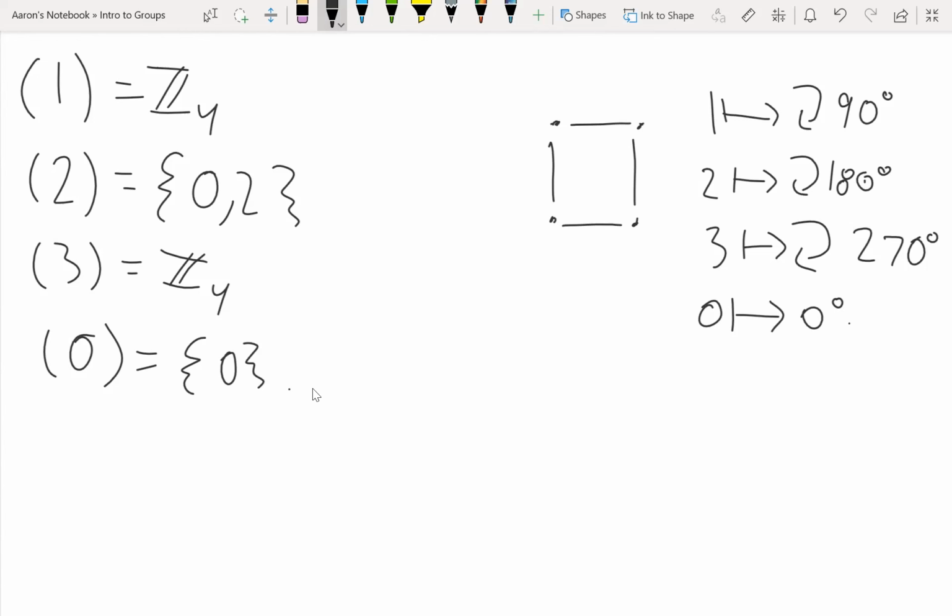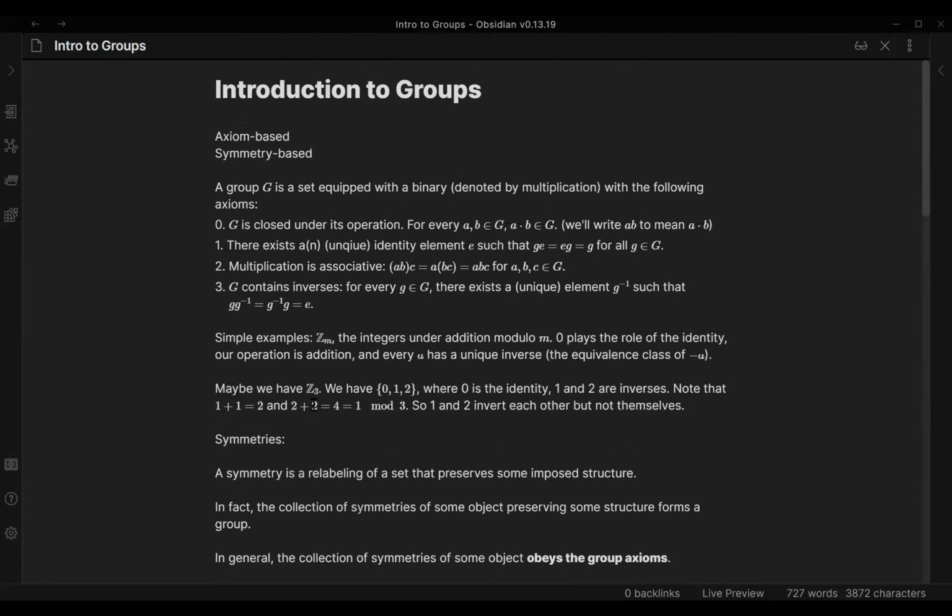All right. That's what I wanted to get through on this first installment. Let's do our very brief recap. I wanted to talk about the group axioms, the notion of symmetry, and how groups are totally inseparably linked with the idea of symmetry.